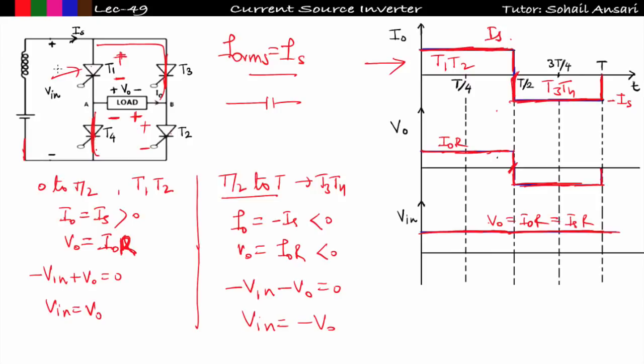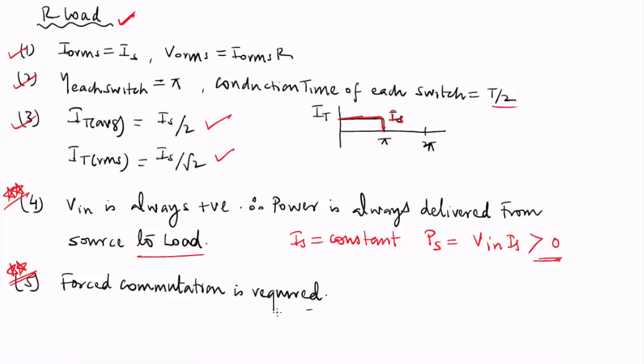So for that we attach an external circuit, because here load is not trying to turn off this thyristor T1 and T2. So we have to attach an external circuit, that means force commutation is required. Got it? So in case of resistive load, force commutation is required, means we will attach an external commutation circuit in order to turn off the thyristor T1, T2, T3, T4.